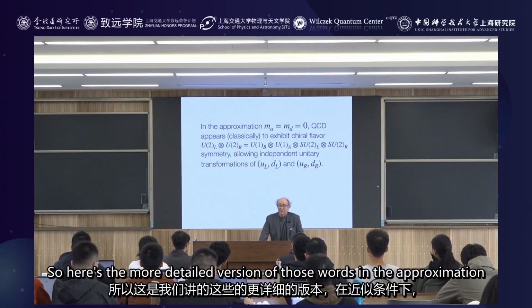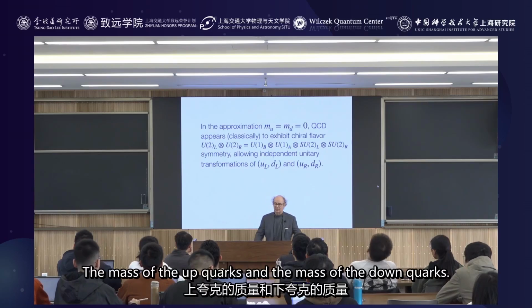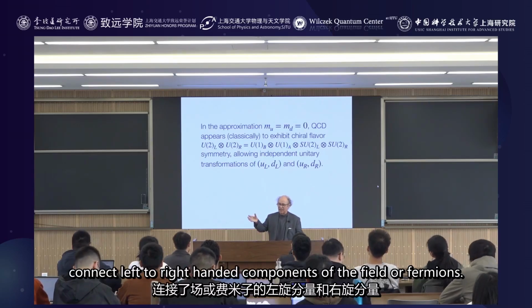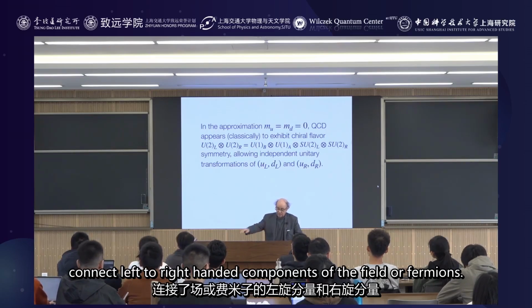So here's the more detailed version of those words. In the approximation that we neglect the mass of the up quarks and the mass of the down quarks, remember mass terms connect left to right-handed components of the fermion field.